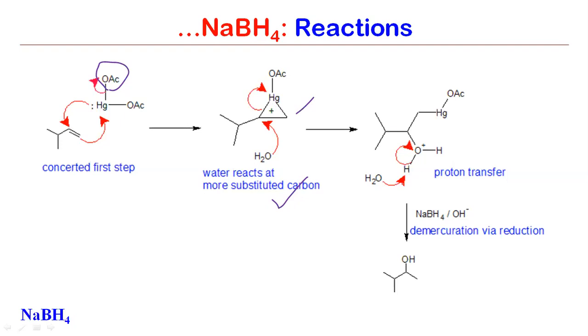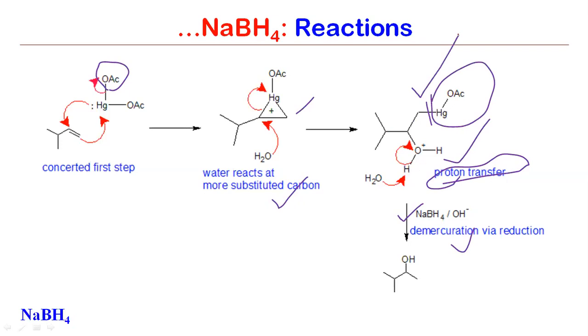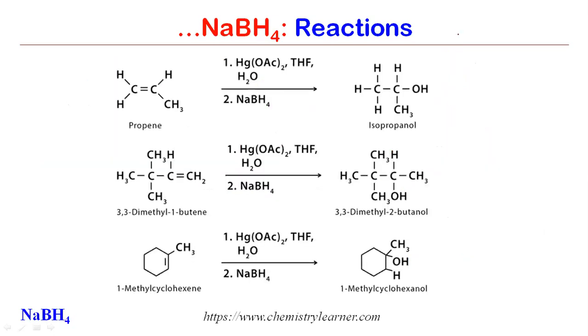Then it will give rise to this intermediate, and after demercuration, this carbon mercury bond will be broken and a carbon hydrogen bond is formed. So here CH3 will be regenerated. That is the role of sodium borohydride in this reaction. It means if we have to break this carbon mercury bond, we use sodium borohydride as a reagent, and that is in the second step of the oxymercuration-demercuration. All right, so these are some applications.